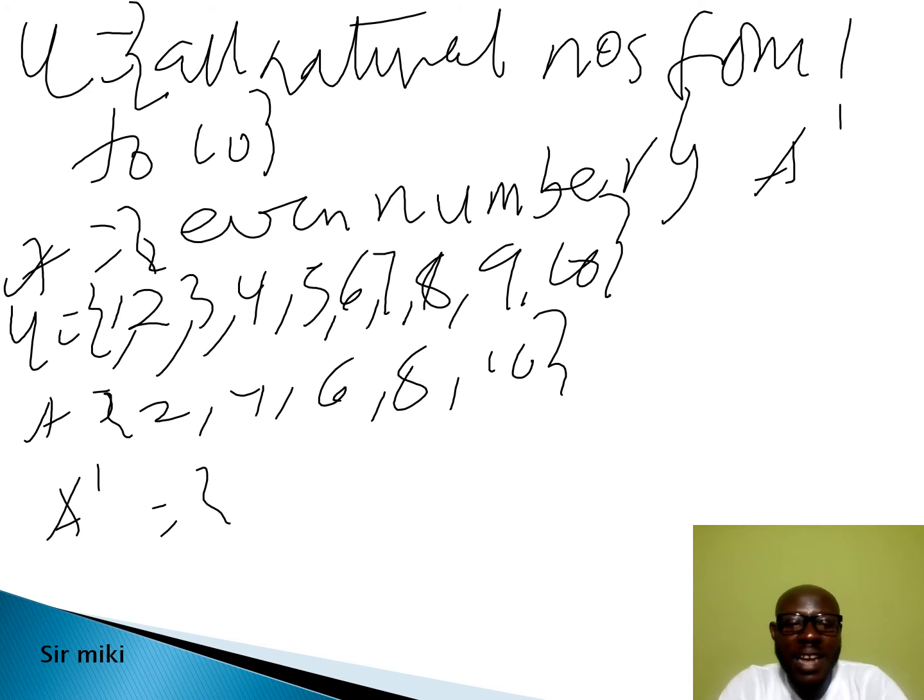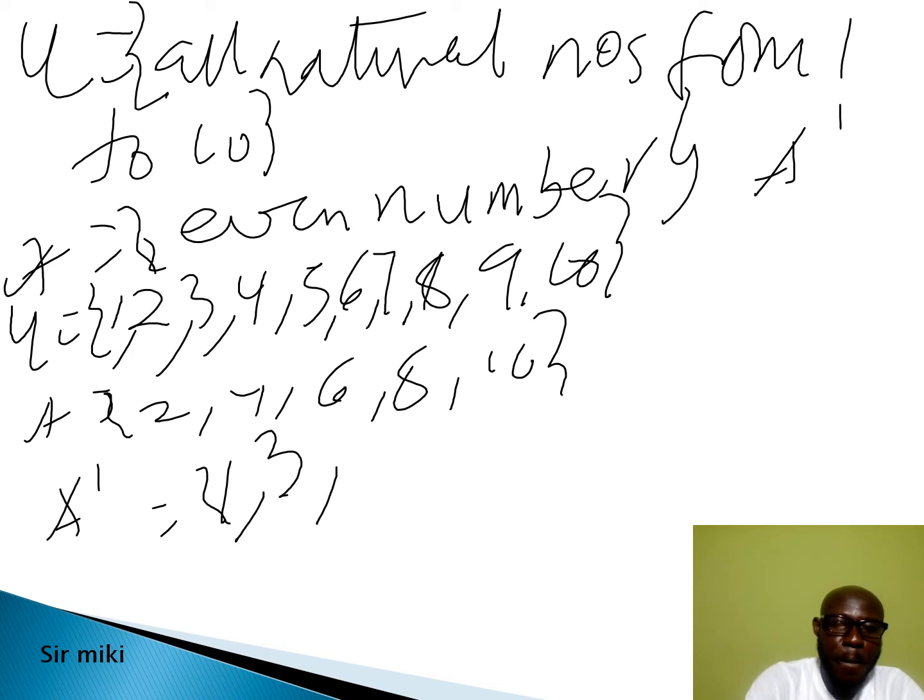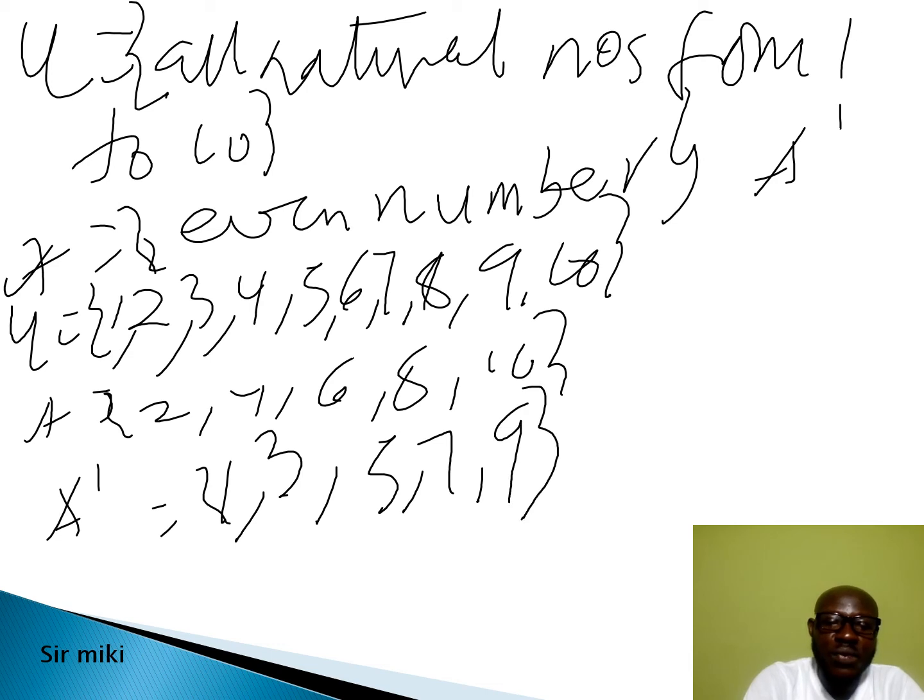So elements that are in set U and cannot be found in set A become A complement. It's just like subtraction. So the elements of A complement will give us 1, 3, 5, 7, and 9. These are elements that cannot be found in set A. So elements that cannot be found in set A and can be found in set U become A complement.